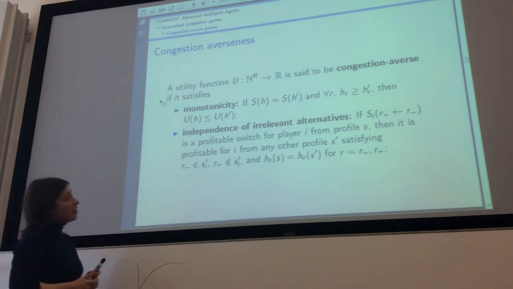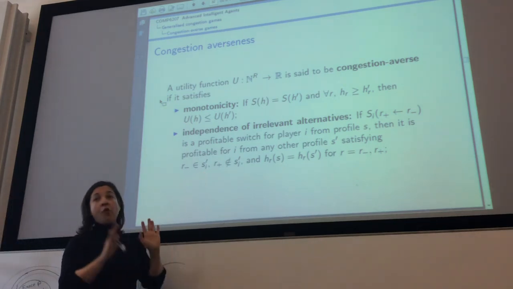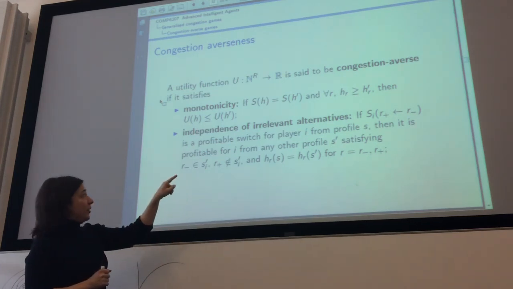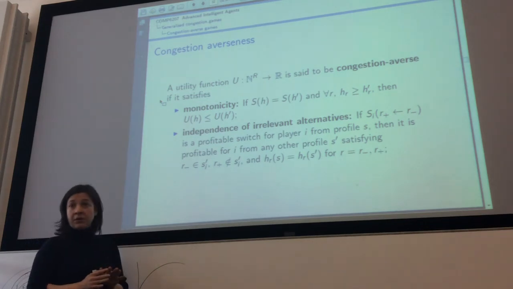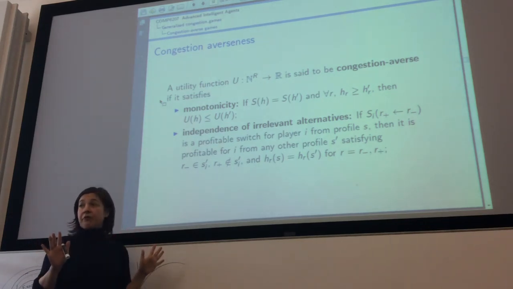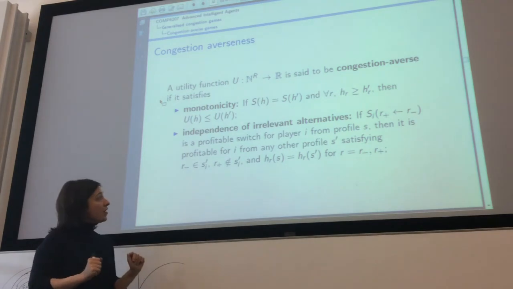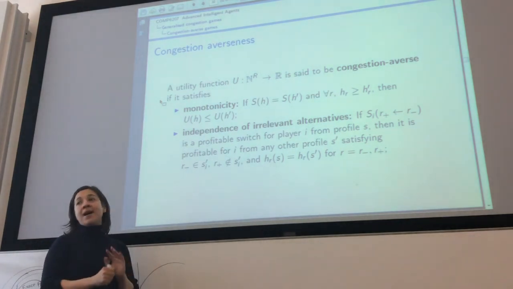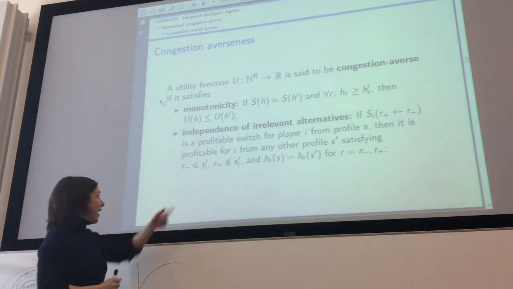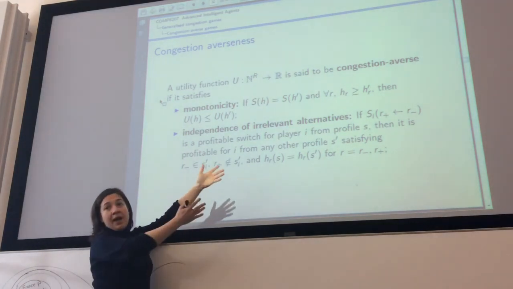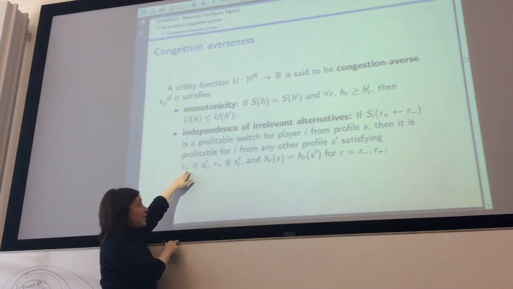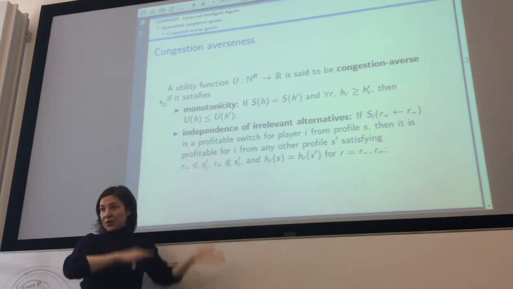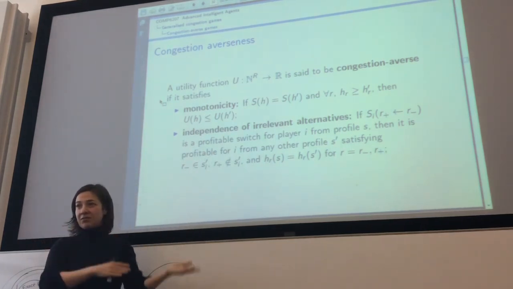So if the switch for a given agent I from R minus to R plus is profitable from the strategy profile S, then it should also be profitable for agent I from any other possible profile S prime where, as before, our agent does use R minus and does not use R plus, so that it would be possible actually to switch from R minus to R plus.